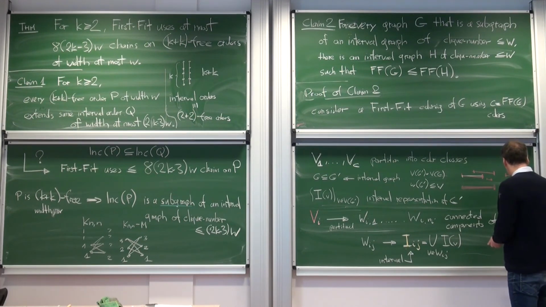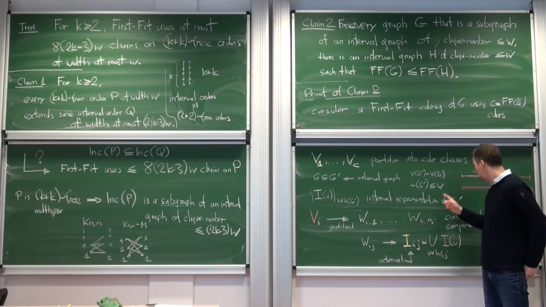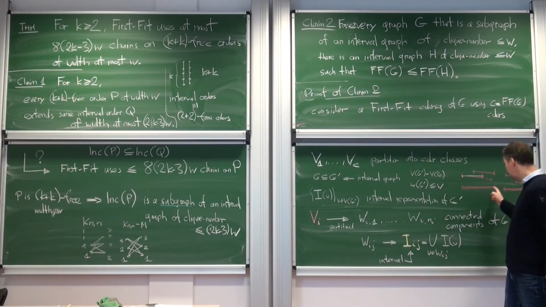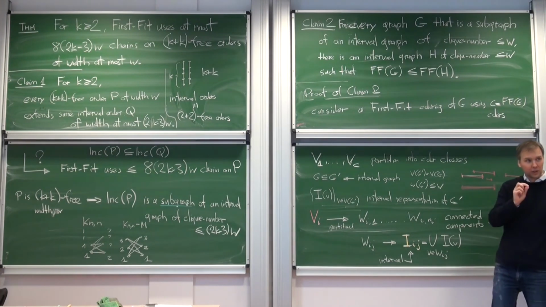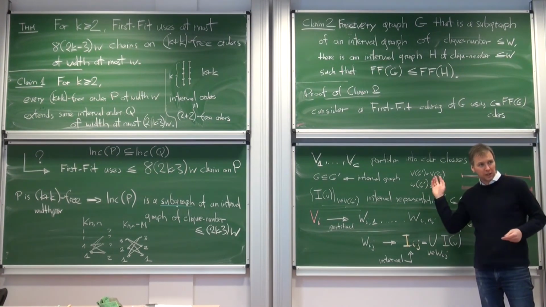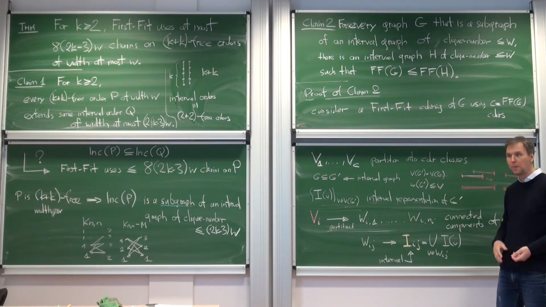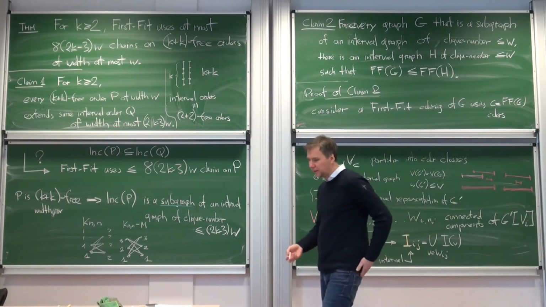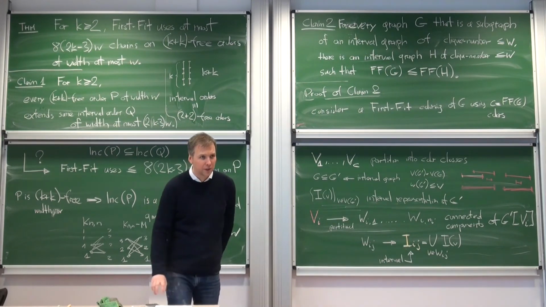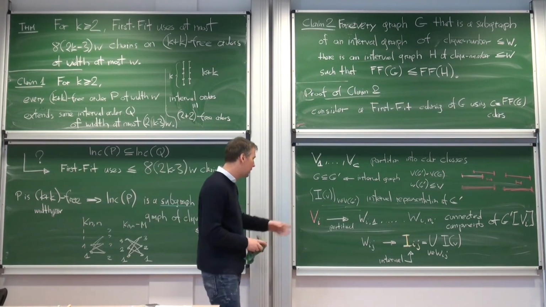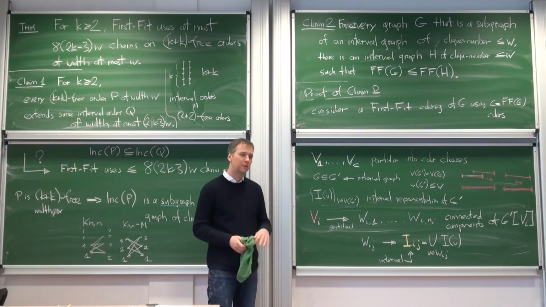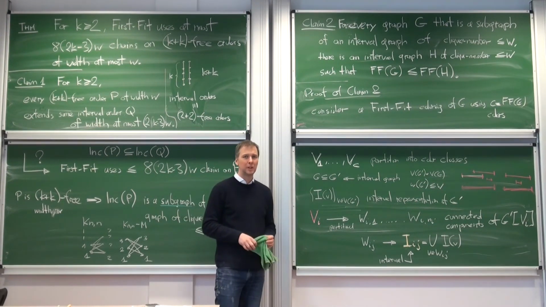So these are the connected components, W_ij, and these are the intervals representing them. They are unions of intervals, but since it's connected, the union is also an interval. So we have red intervals, and intervals for each color, as our new family of intervals, and the interval graph represented by that is our target H.